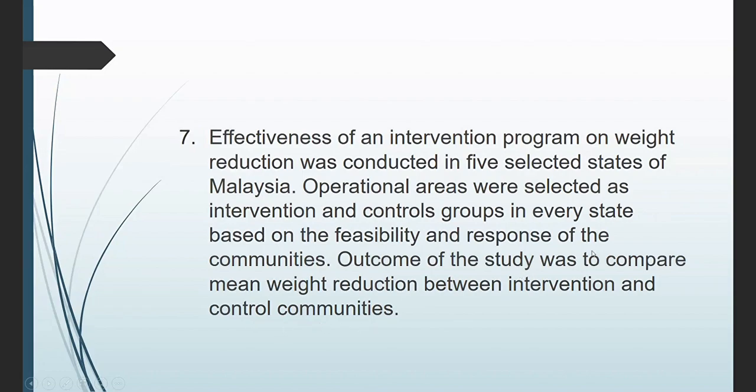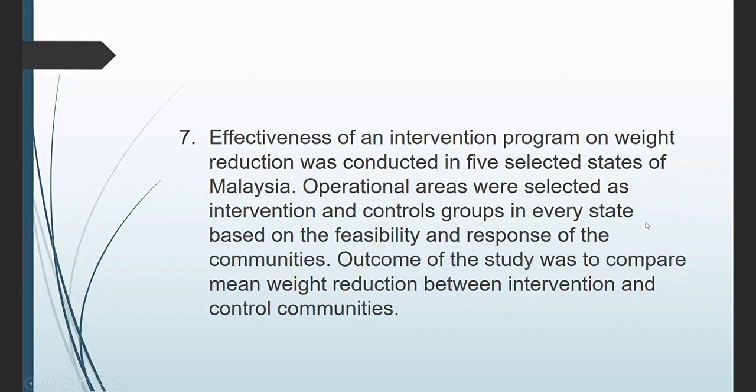RCT, randomized control trial, is based on the individual. That means you can allocate them. Patient A comes, you give drug A. Patient B comes, you give this drug. You allocate individually. But when it comes to community, your operational unit is the community.